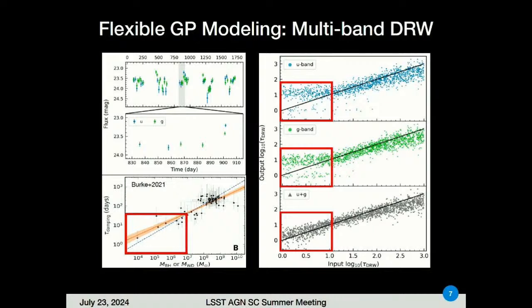Once we're able to intrinsically model multi-band variability in AGNs, the next really reasonable thing to do is to add an intermittent lag between them, right?